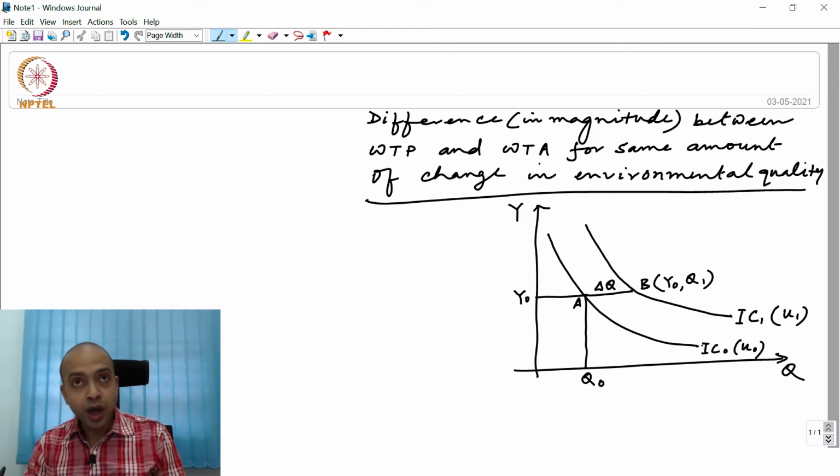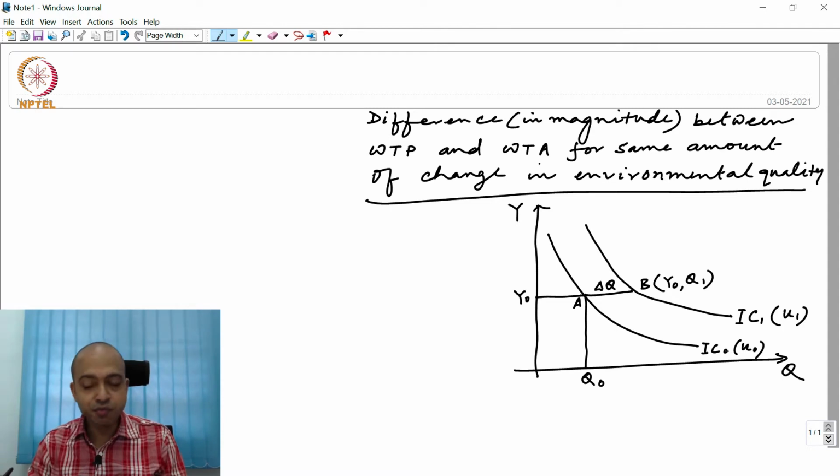That means after payment, the individual should at least get U0 amount of utility. That is very simple. So how will you determine that? It is very easy. We have to draw a perpendicular from point B to this old indifference curve IC0. Let's say this is D. So BD is basically the maximum willingness to pay.